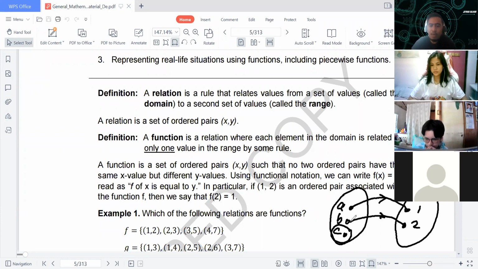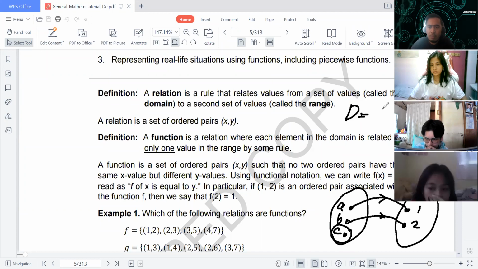Clear? By the way, if you are asked what the domain is here, the domain is denoted by D. In this relation, the domain is the set containing A and B. How about your codomain? Your codomain is the set containing 1 and 2.